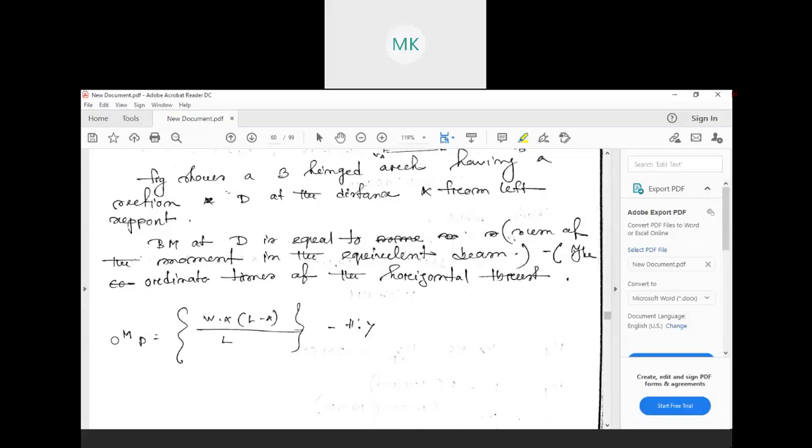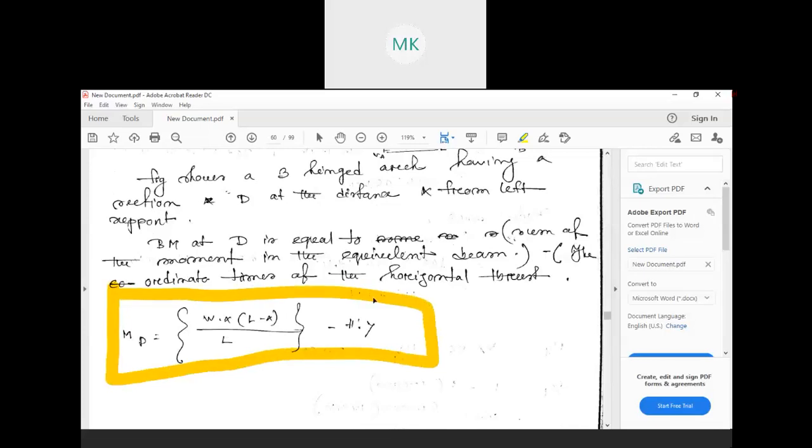This is the formula for finding the bending moment at any point along the arc. If you need to find the bending moment at any point, you need to use this formula. In our case, we are finding it at point D, assuming a point D at a distance x from the left support. So if we need to find this, then we will use these things.